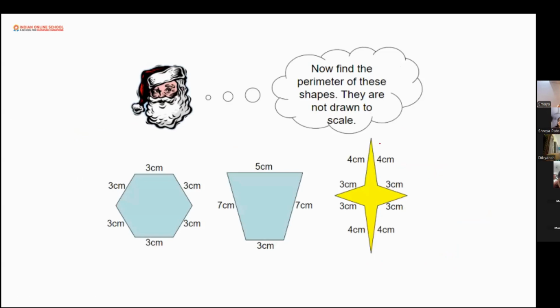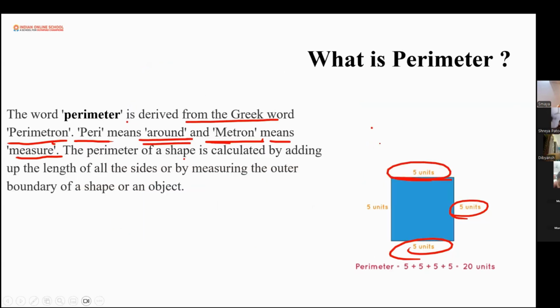Okay, so since it's 5 units, unlike area, in area, what were you doing? Very quickly, in area, what were you doing? Multiplying. Yes, in area, you were multiplying. So in perimeter, what you do? You add. Students, please do not write on the screen.